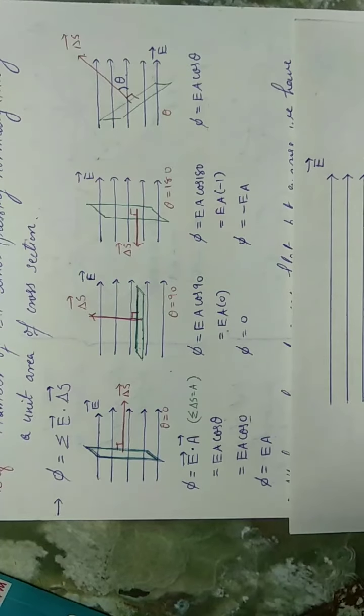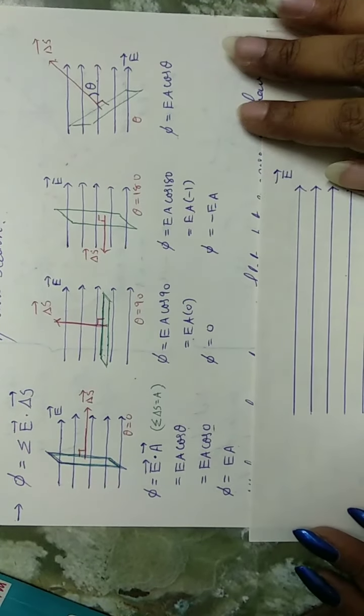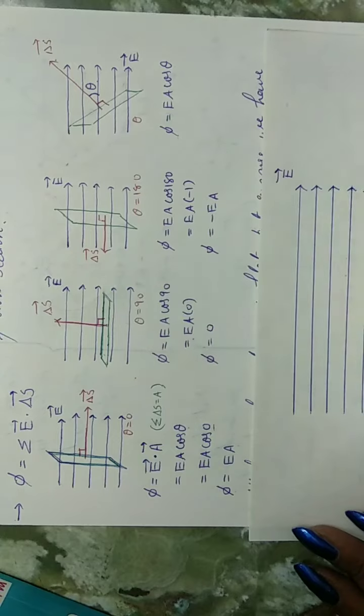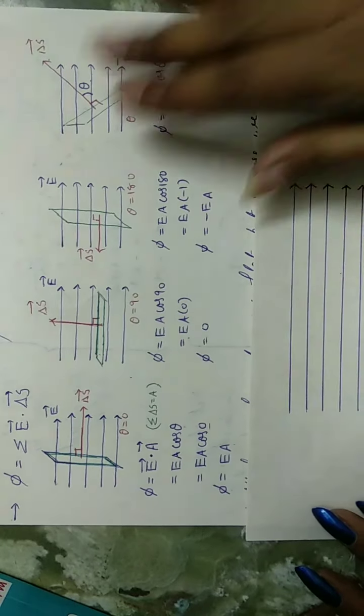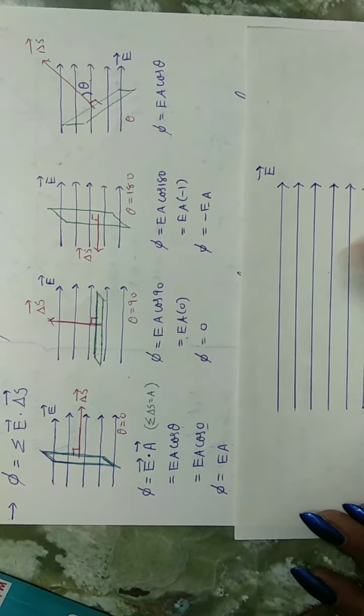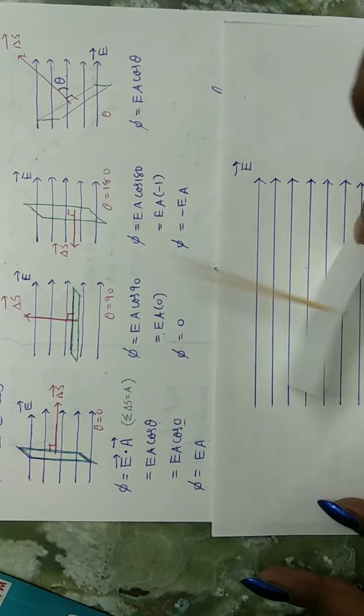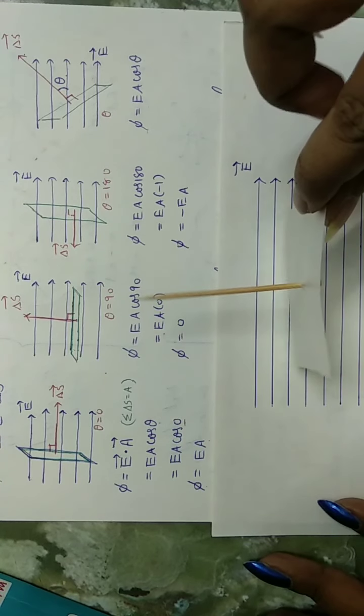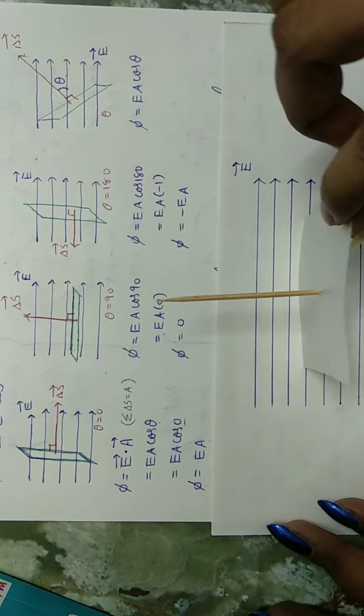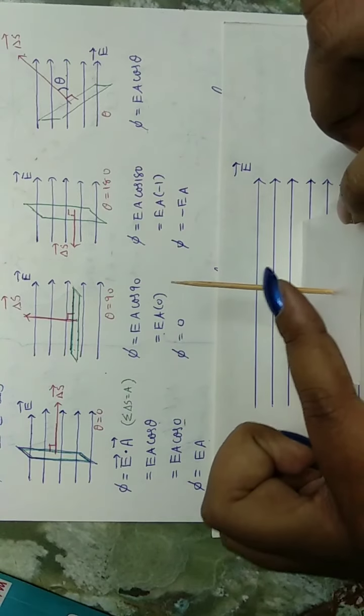Now second case. In this case, just see what they have done. They have made the area parallel to the electric field. So here you can see, if this is our electric field, initially our area was like this. Now we are just turning this area like this. So now area is parallel to the electric field, but what is happening to the area vector?